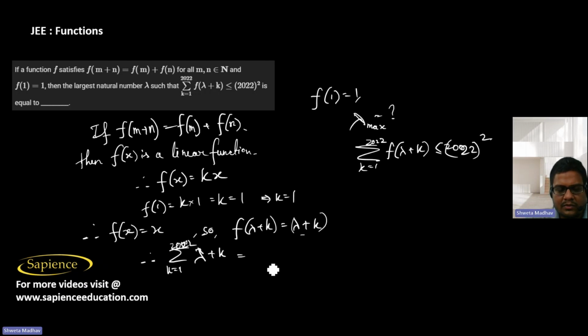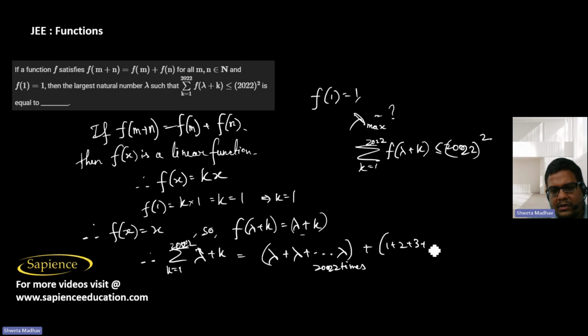So that will be equal to lambda added 2022 times, plus k, which means plus 1 plus 2 plus 3 till 2022. So this will be 2022 lambda plus this sum.